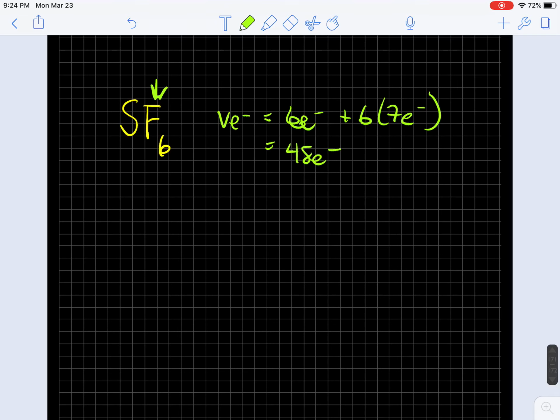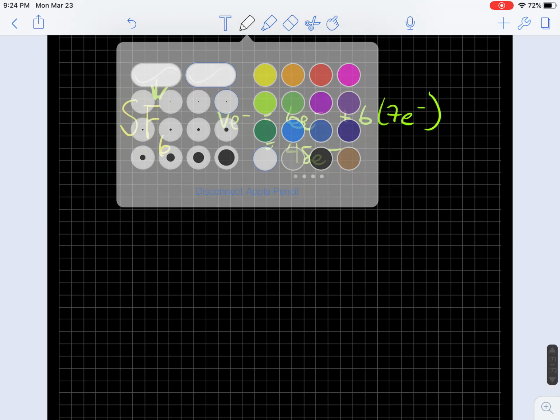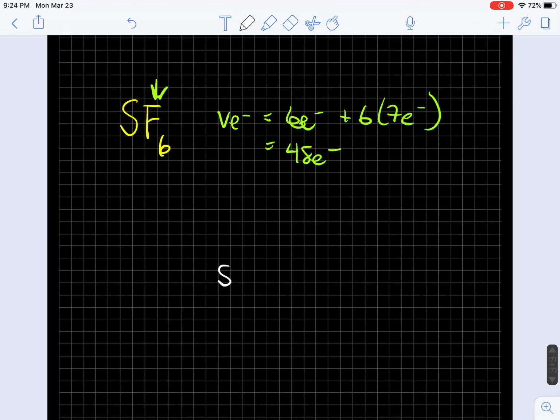All right, suppose we had something like sulfur hexafluoride. So we try our technique with the valence electrons. We set up our budget. Sulfur's in group 6, so 6 electrons, and then there's 6 fluorines that are in group 7. So that's going to give me 48 electrons. Now, we know the fluorine cannot be a central atom. The sulfur's got to be a central atom, so we put the sulfur in the middle.